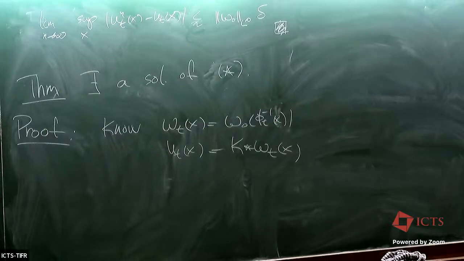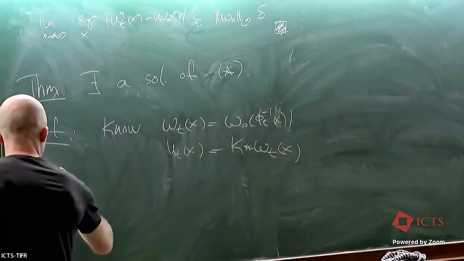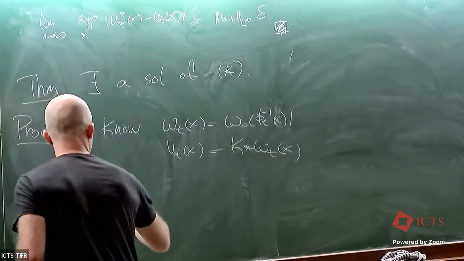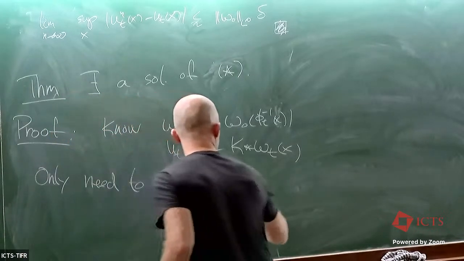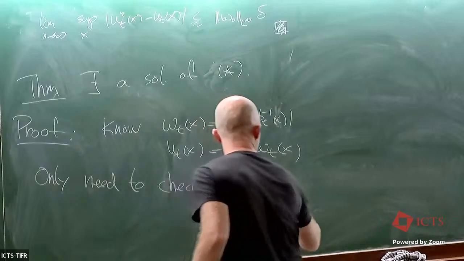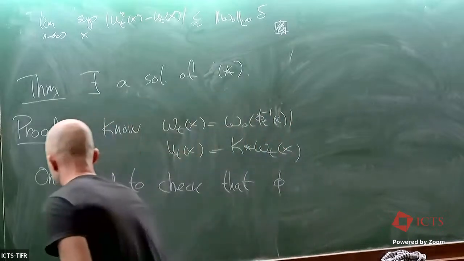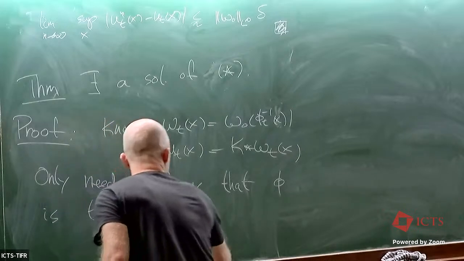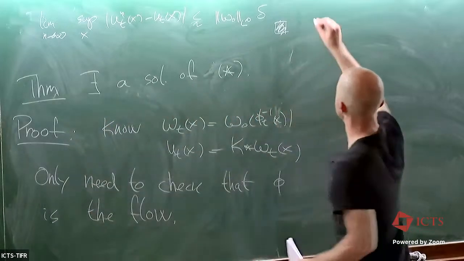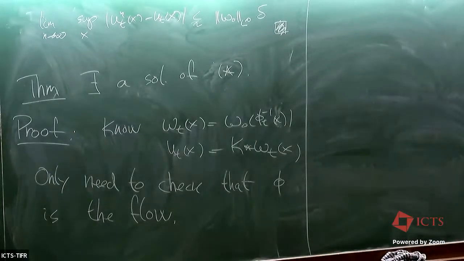And once we've done that, we're done. We only need to check that phi is the flow. Okay, but this is very similar to things we've done two or three times now.